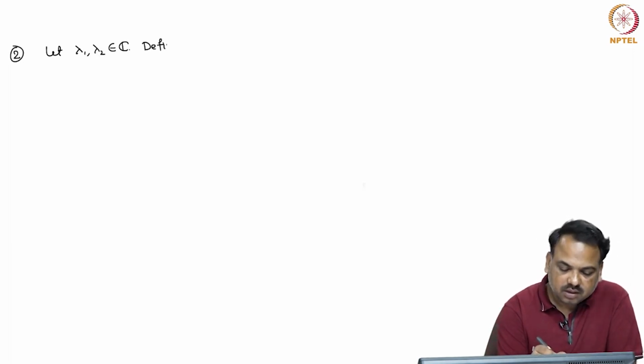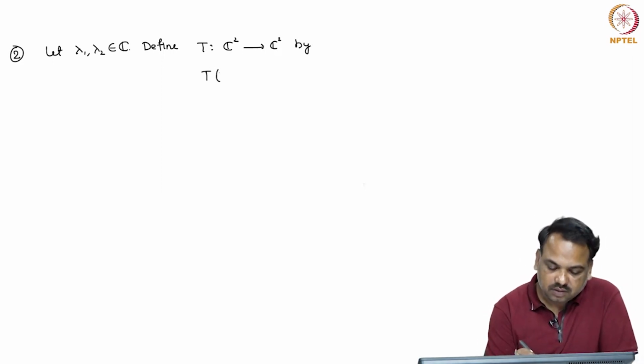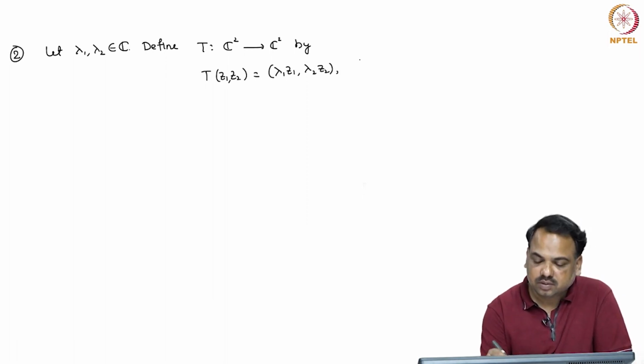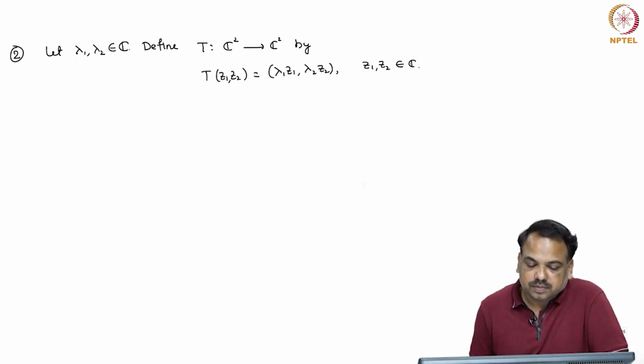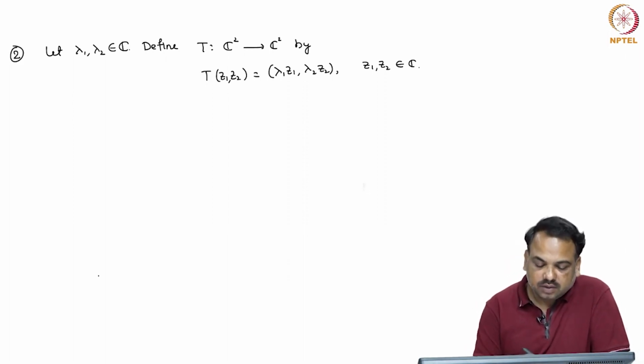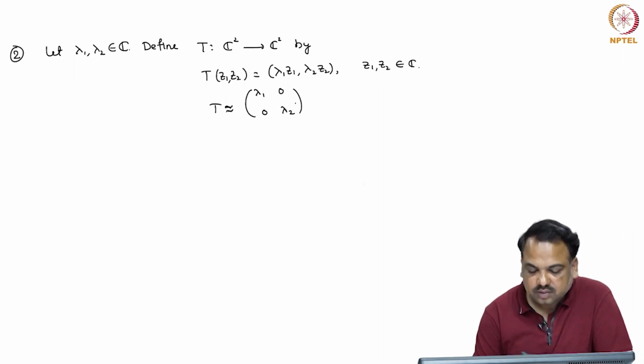Define T from C2 into C2 by T of (z1, z2) as (lambda 1 z1, lambda 2 z2), where z1, z2 are coming from C. Now with respect to the standard orthonormal basis of C2, we can write T as equivalent to the diagonal matrix with lambda 1, 0, 0, lambda 2.